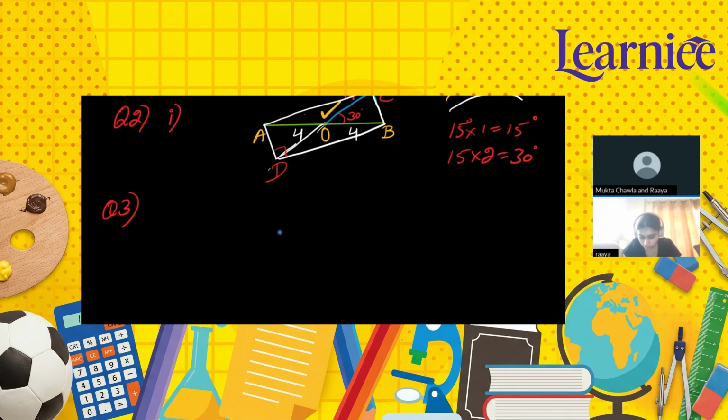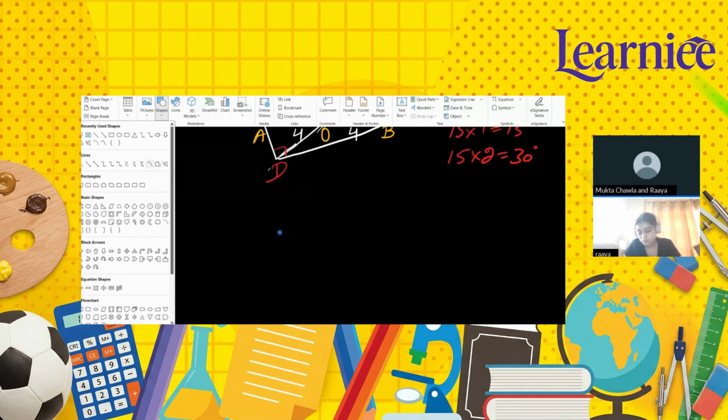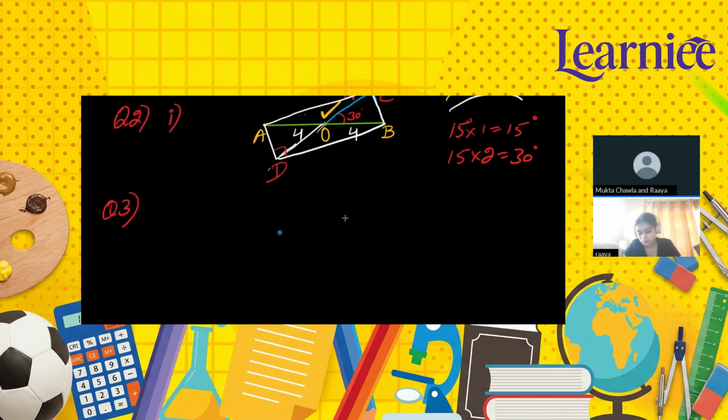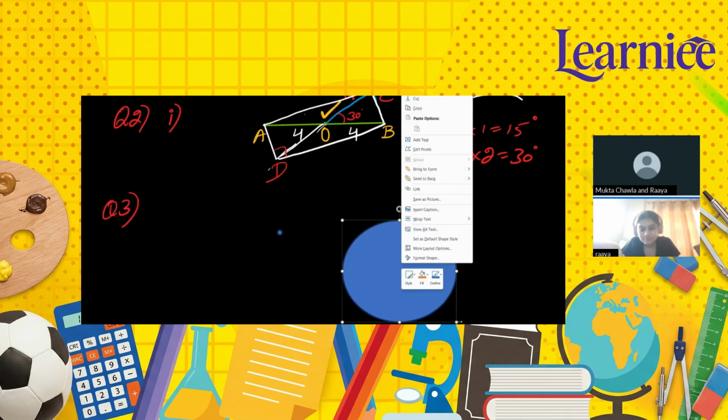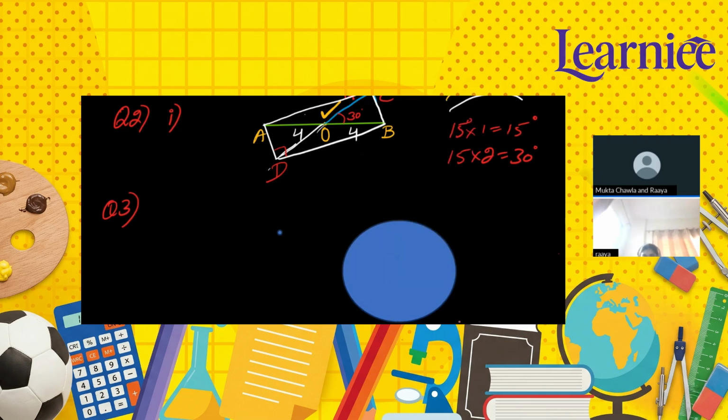Wait. And I'm inserting. Should have drawn it like this. Yes, can you see the circle? Yes. Is it looking like a circle or should I stretch it? No, it's just fine.